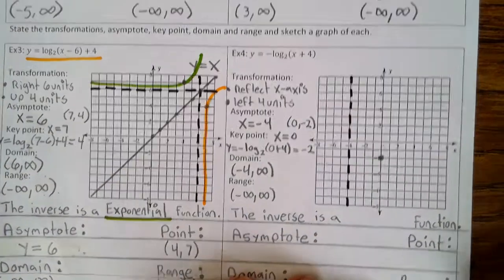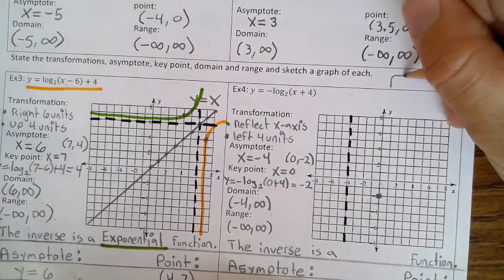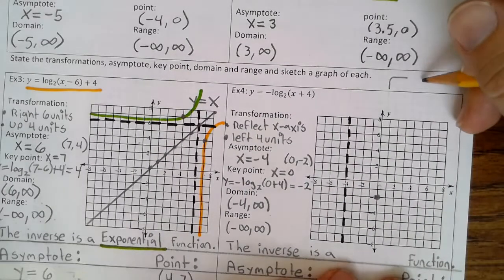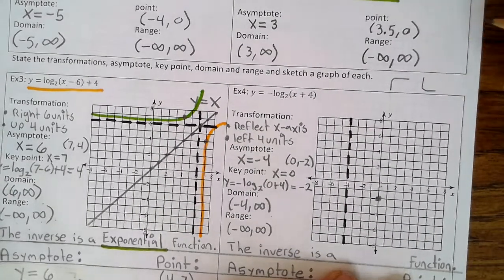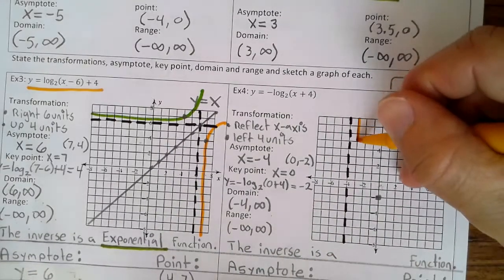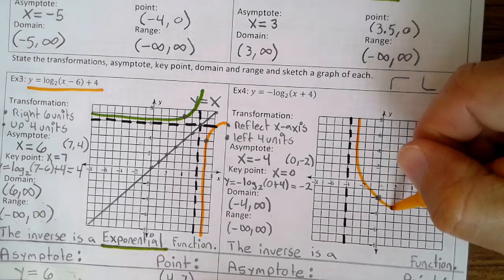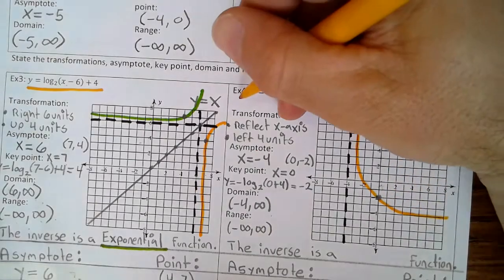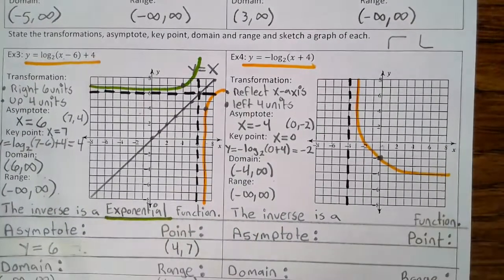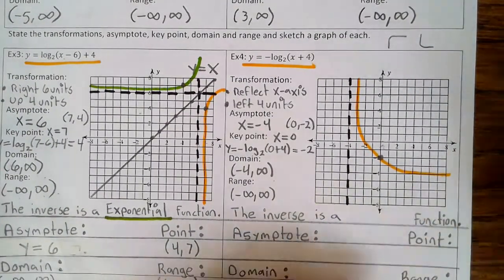Now, we know with log it's like this, but we reflected, so it's going to go like this. Now, remember, because you know that the inverse reflects over the y equals x line, let's do that next.